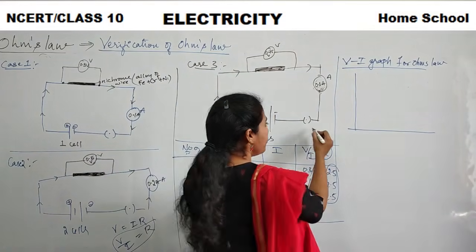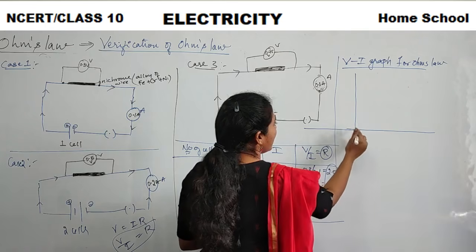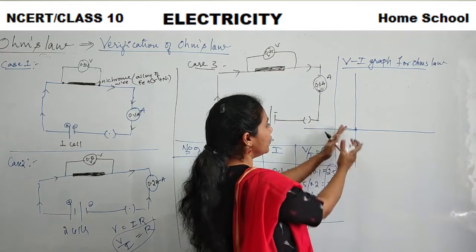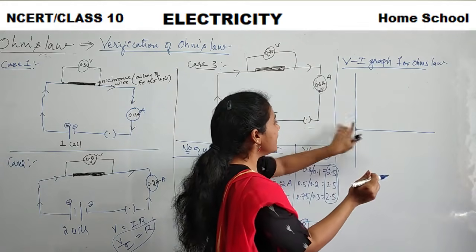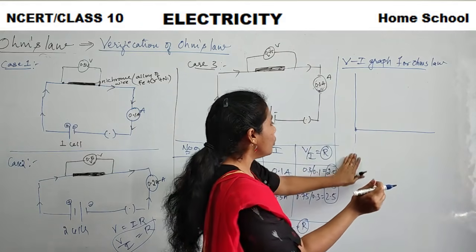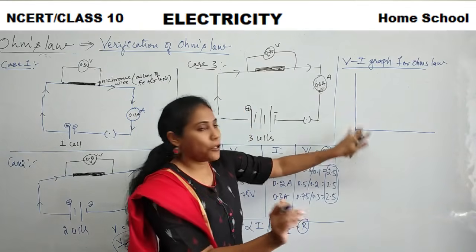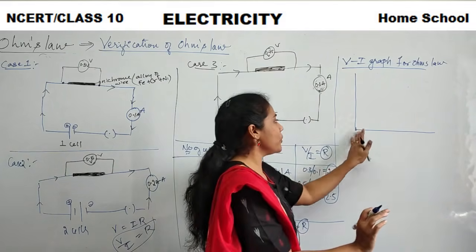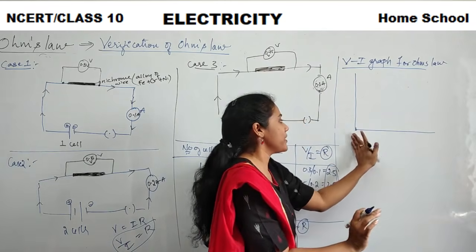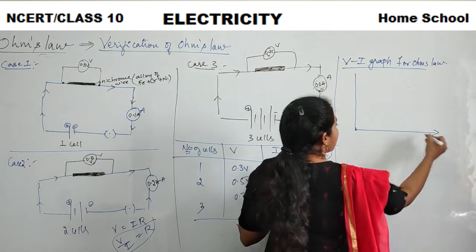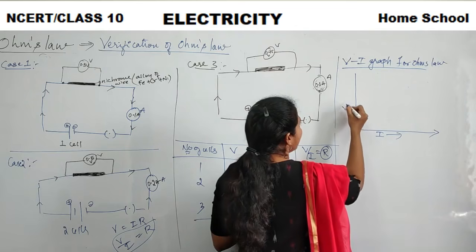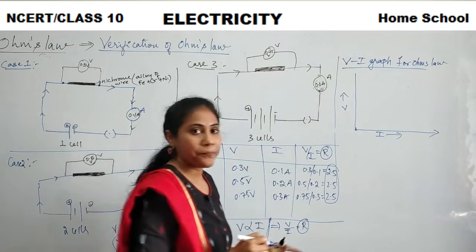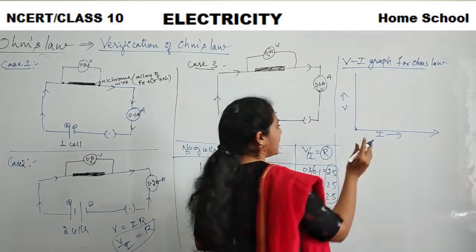There you would draw negative values and positive values. But here we don't consider negative values because voltage and current are always positive. So only the positive side I am showing. On the x-axis I will take current, and on the y-axis I will take V, that is potential difference.